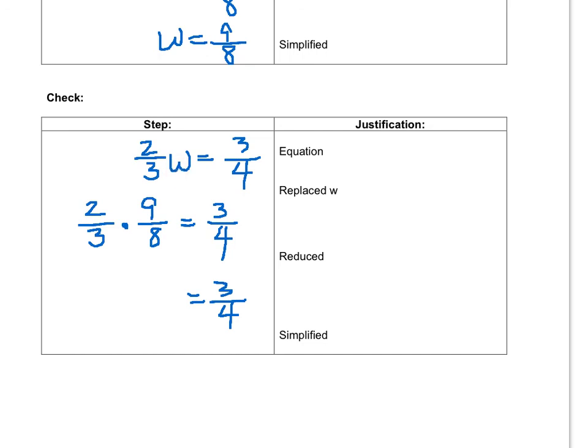We can rewrite the problem then as 2/3 times 9/8, and then we can use some canceling to simplify our problem. 3 and 9 are both divisible by 3. 3 divided by 3 is 1. 9 divided by 3 is 3. 2 and 8 are both divisible by 2. 2 divided by 2 is 1. 8 divided by 2 is 4. Our answer is 3/4. Our equation is balanced, so our answer was correct.